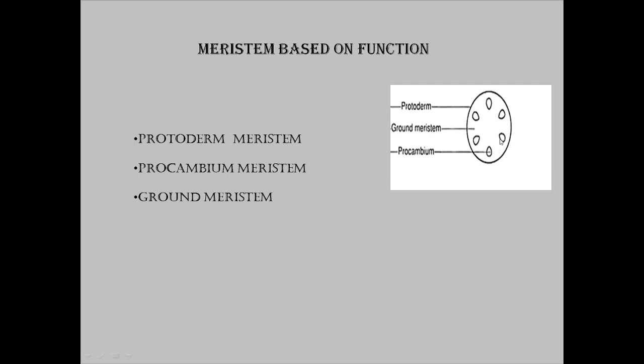And these xylem and phloem combine to form the procambium. Next is the ground tissue. In the central part, there is the pith region, the pericyclic region, the cortical region, and the endodermal region. That region is known as the ground meristem.